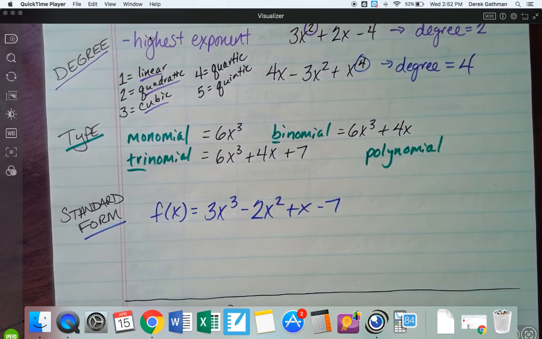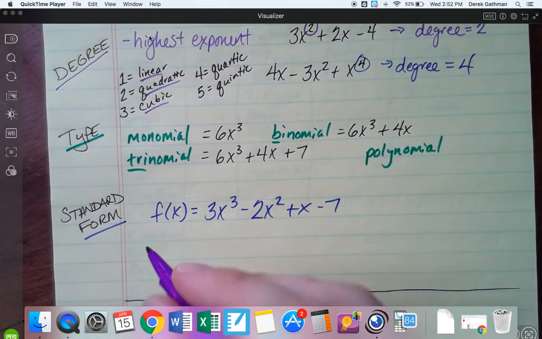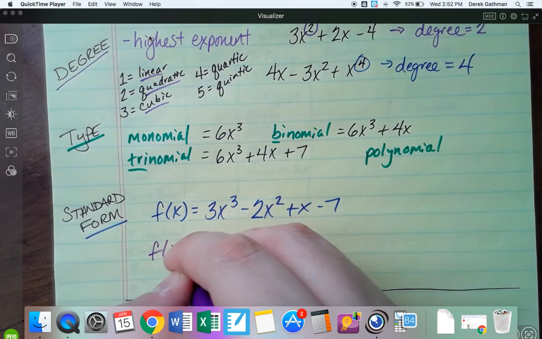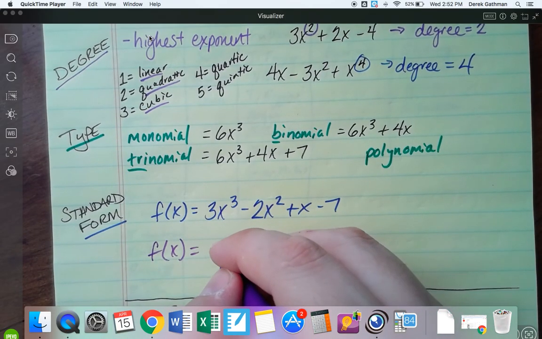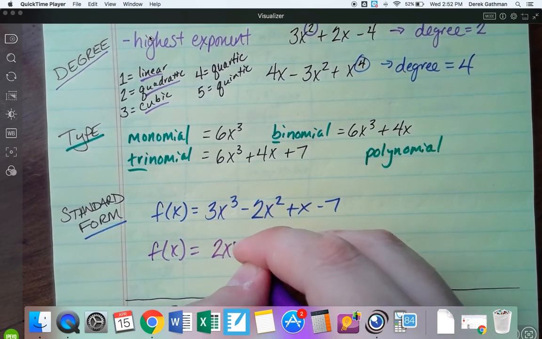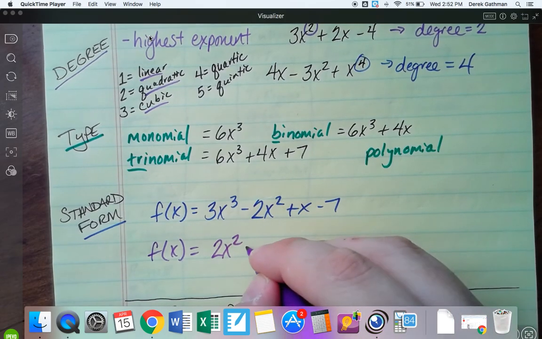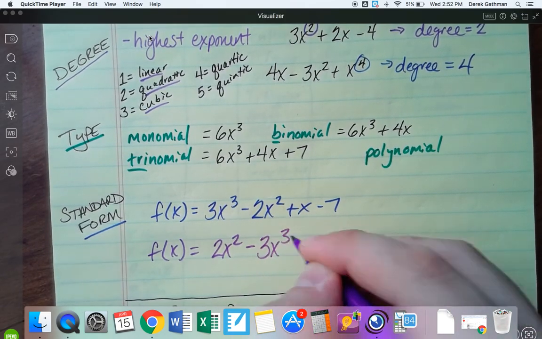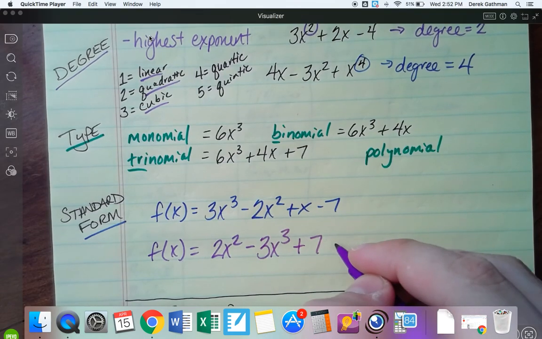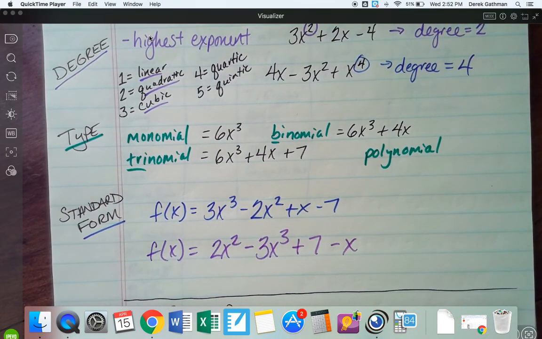This next one is not in standard form. f of x equals 2x squared minus 3x to the 3rd plus 7 minus x. Okay, they look very similar. This one does not have its exponents in order.